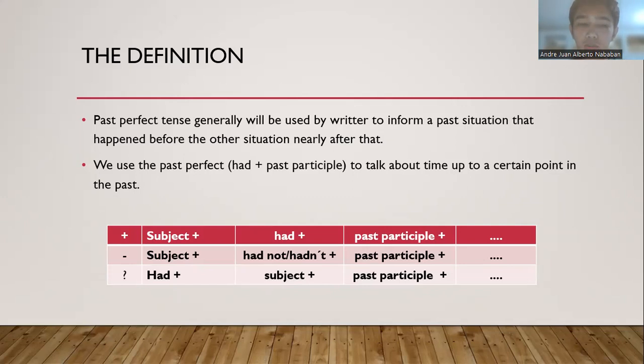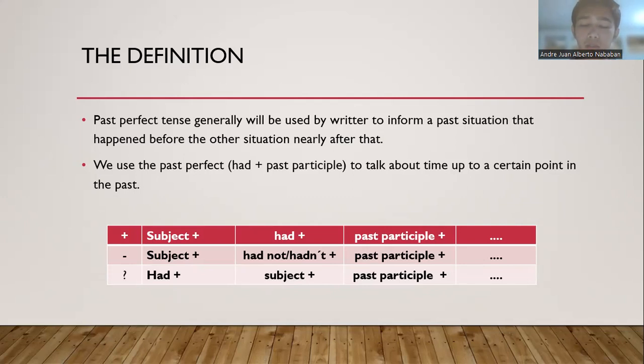For the positive sentence, the formula is subject plus had plus past participle plus etc. The etc can be filled by a clause, mainly a phrase or clause. And for the negative sentence, the formula is subject plus had not or hadn't plus past participle plus clause.